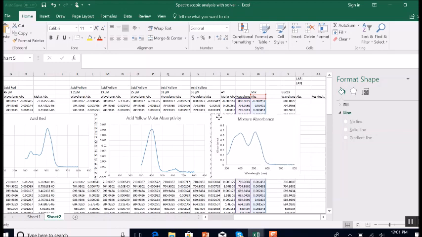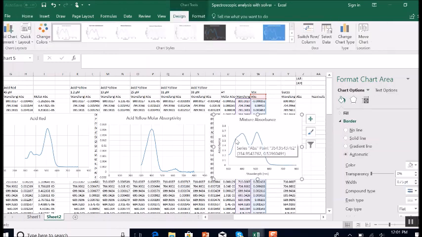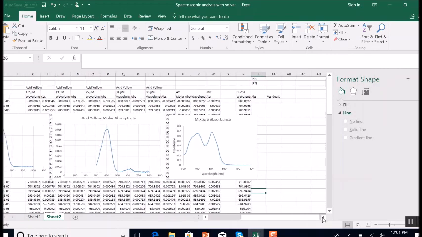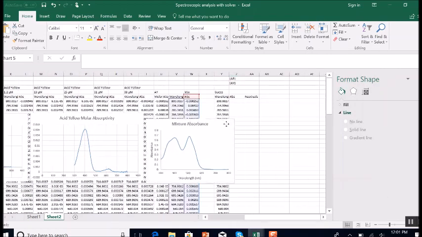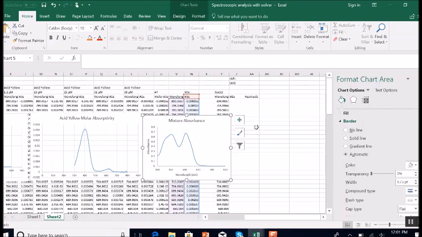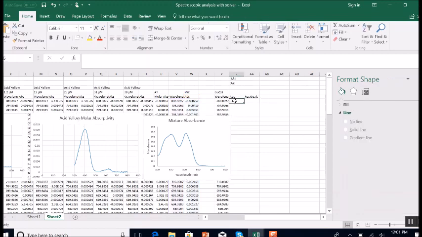And our mixture, remember, is a sum of the concentration of acid yellow times this spectrum, plus the concentration of acid red times this one. So what we're going to do is we're going to take our guessed wavelength for our mixture, and try to make a model mixture based on the other two spectra that we have.